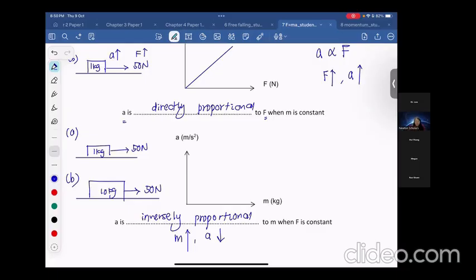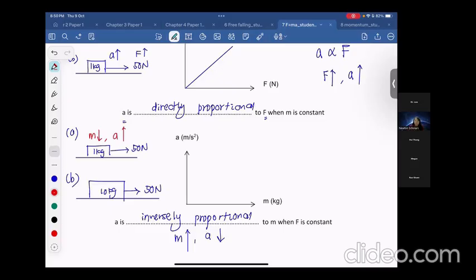Yes, the lighter one, dear. Here, I want you to take notes. When your mass is small and you apply the same amount of force, you can easily make it accelerate. The empty trolley is so easy for you to speed up. But if it becomes very heavy and you push with the same force, it moves very slowly.